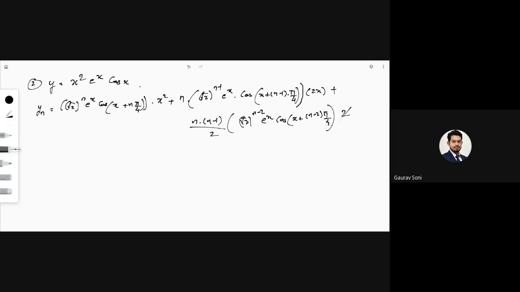The derivative of 2x is 2. This 2 will get cancelled out. That is our final answer.